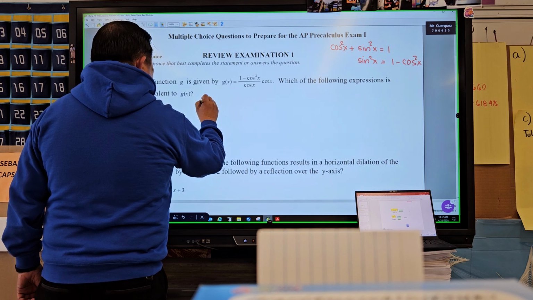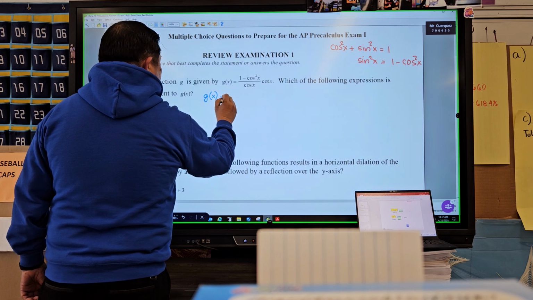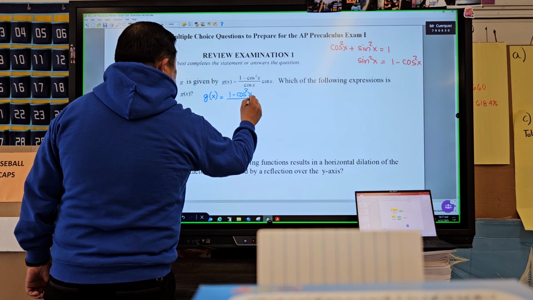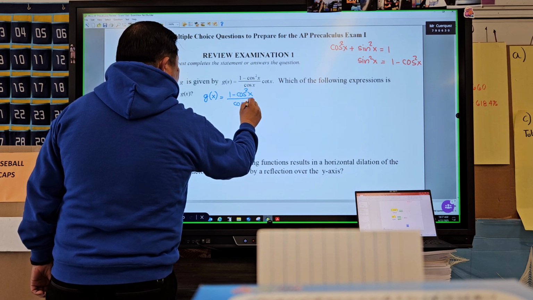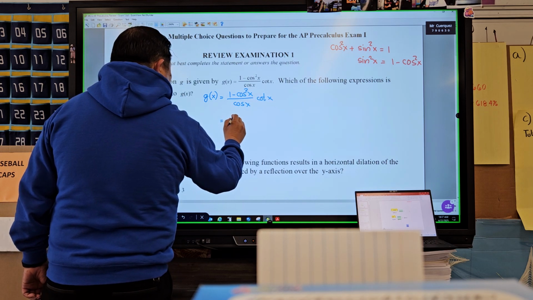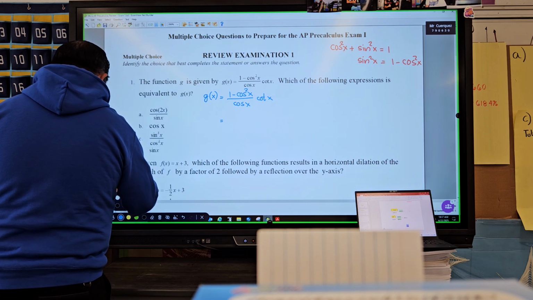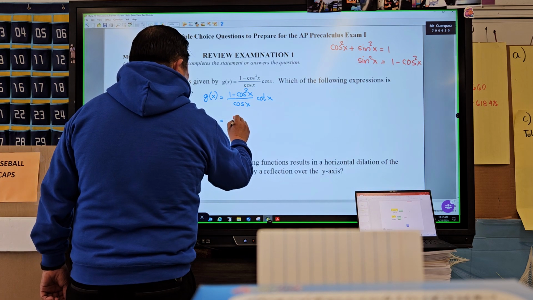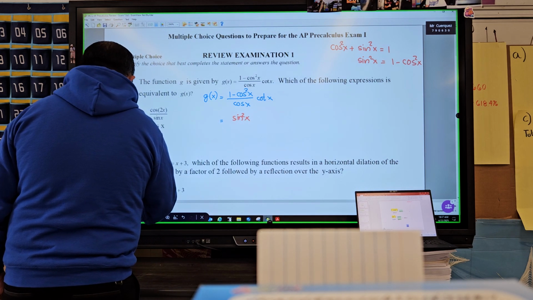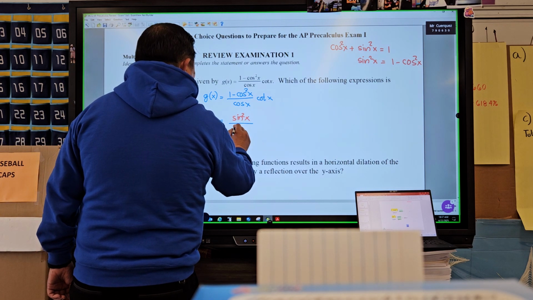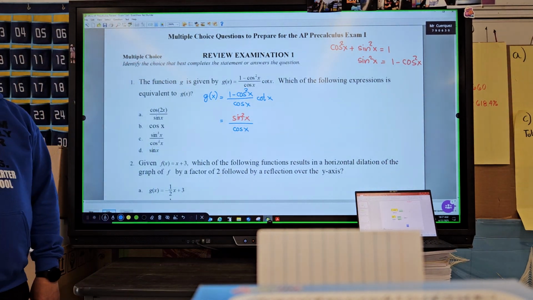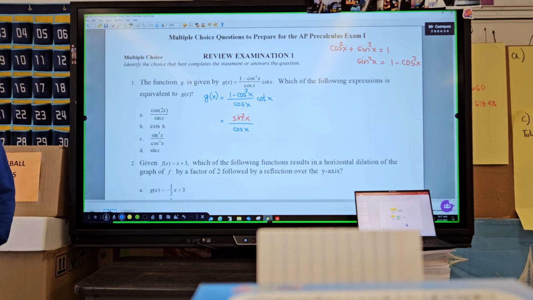So we say now from g of x is equal to (1 minus cosine square x) over cosine x times cotangent x, we can now say this is equivalent to sine square x over cosine x, and then we know that cotangent is cosine over sine, right?